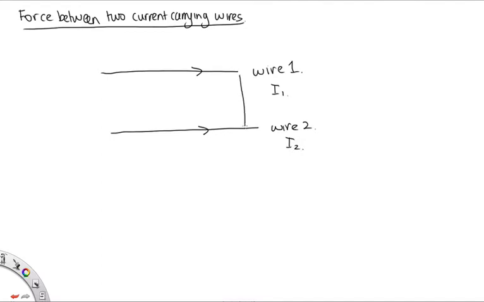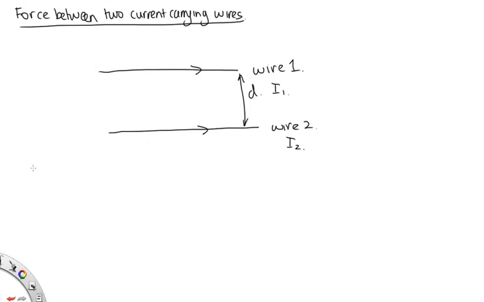We'll say that they're a distance d apart. We know that a current carrying wire feels a force in the magnetic field given by F is equal to I L cross B. So what we can do is, if at wire 2 we work out the magnetic field due to wire 1, we can then use that to get the force on wire 2 due to wire 1.